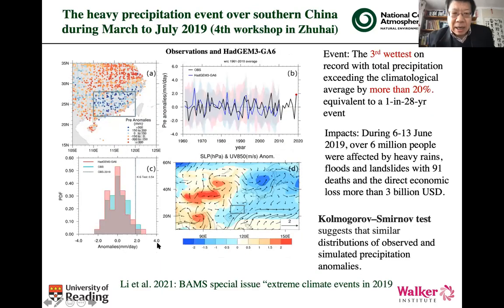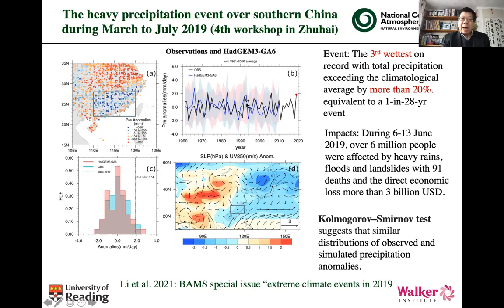And here is another precipitation example, from last year's workshop, about extended season heavy precipitation in Southeast China that happened from spring to summer. You can see that over that extended season, the precipitation anomalies relative to climatology are above 120 to 150% of climatology.